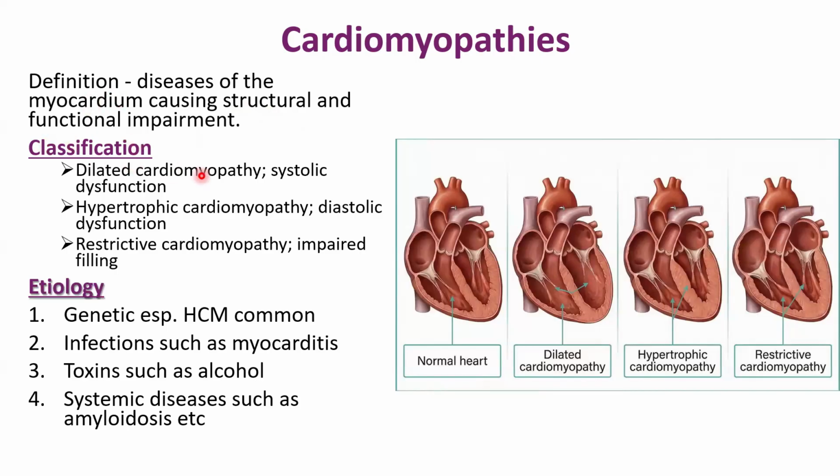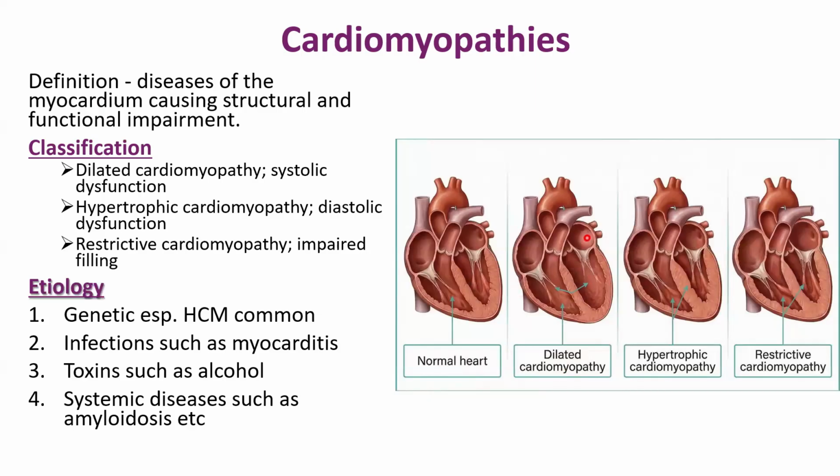The classification is into three. Here we have the normal heart. Dilated means it becomes larger, so this is dilated cardiomyopathy. The difference between these is that this one is larger than this.